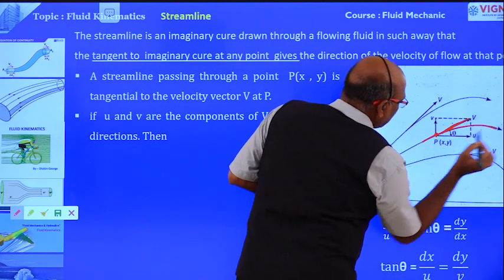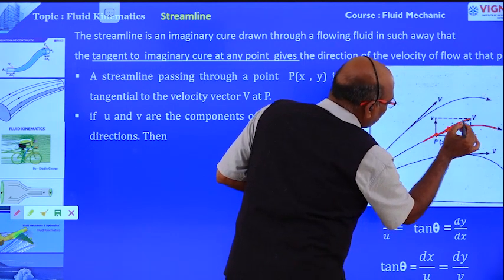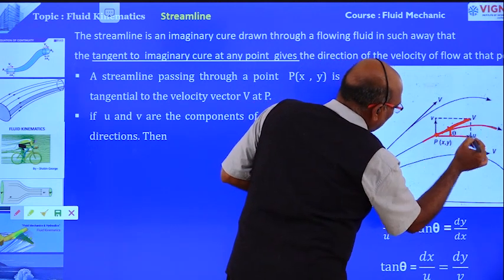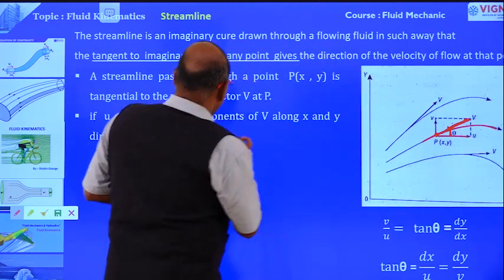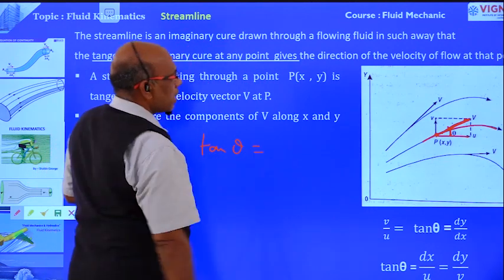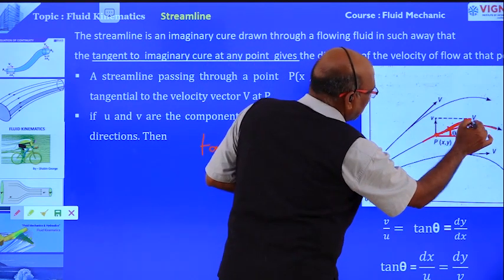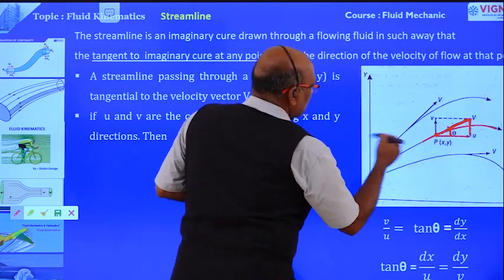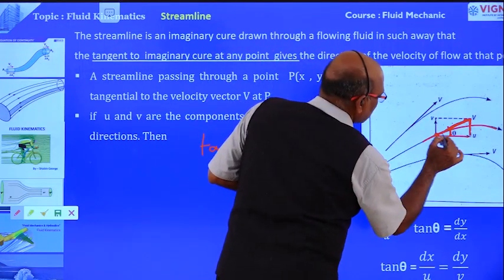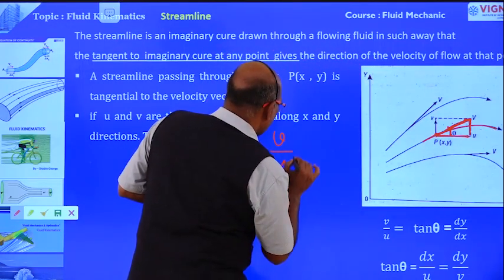Theta is the angle between the velocity and the horizontal line. Now, tan theta equals the opposite side, velocity v, divided by the adjacent side, velocity small u.